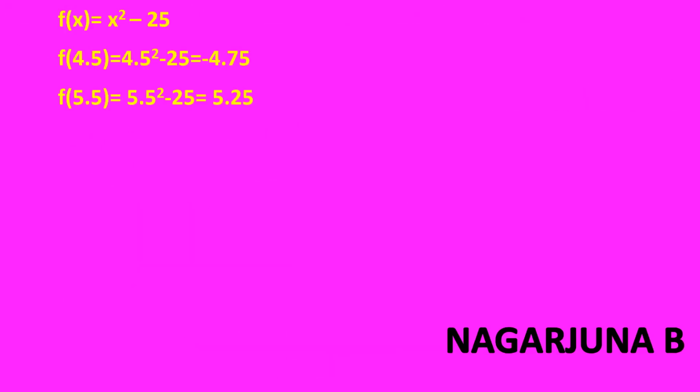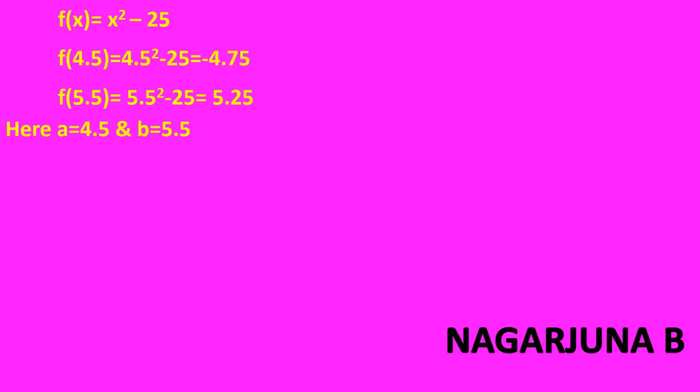Here f of 4.5 we have got a negative, and for f of 5.5 we have got a positive. That means for which value you get negative when you substitute in f of x, you have to consider that as a. For which value you get positive, consider that as b.